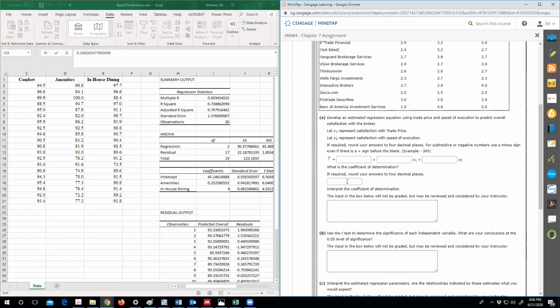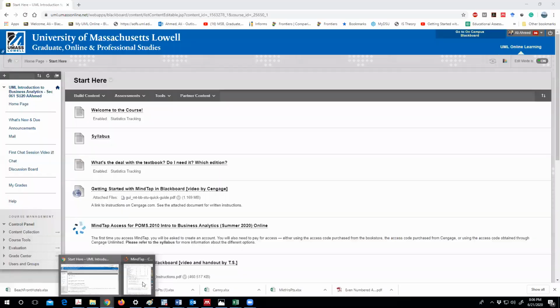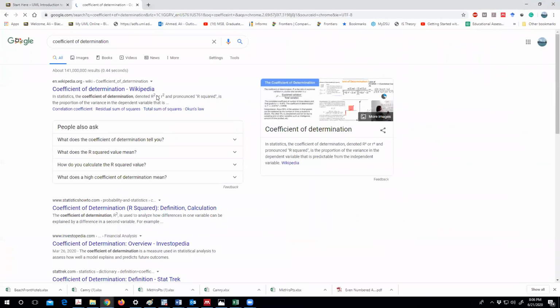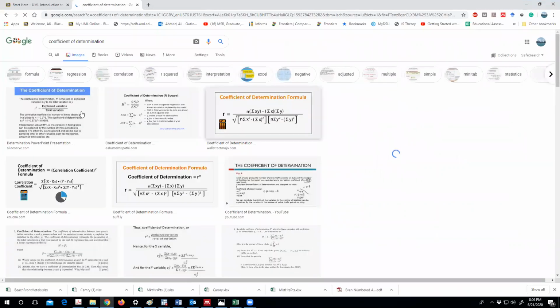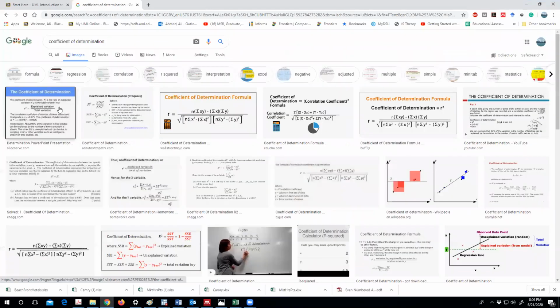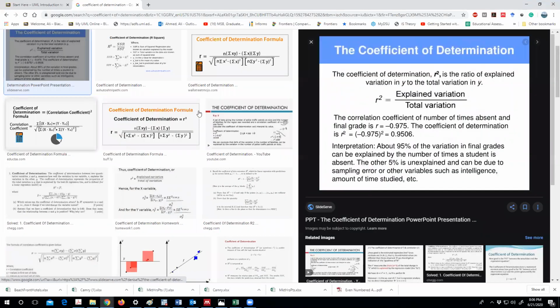Coefficient of determination. The coefficient of determination is the R square. Yep, it's the explained variation over the total variation.